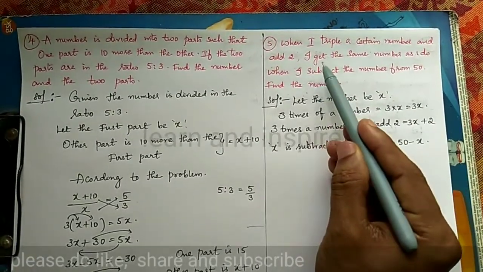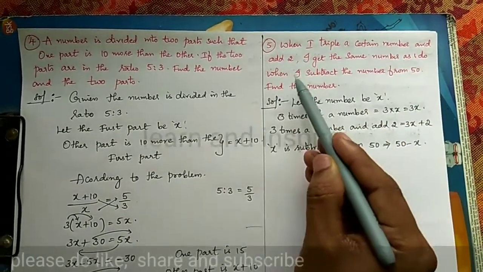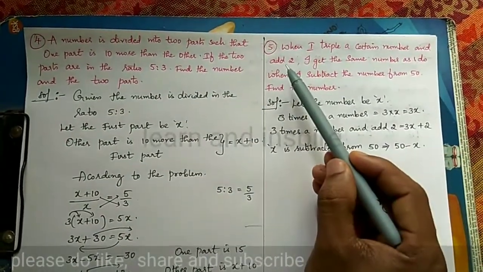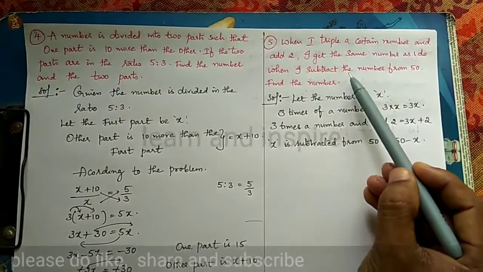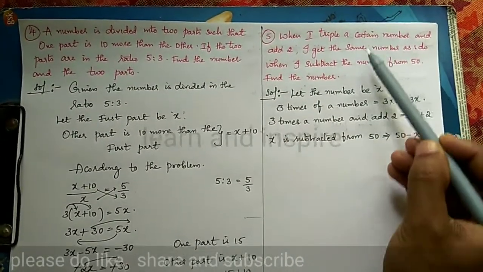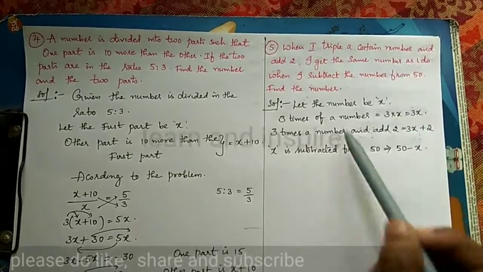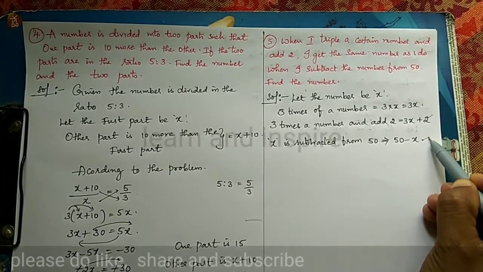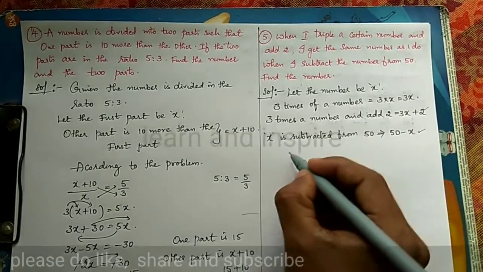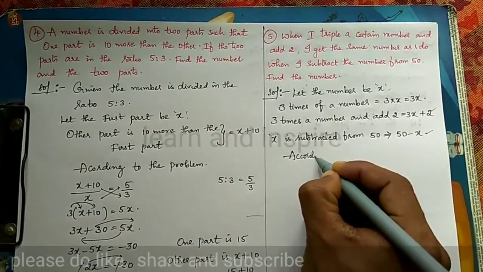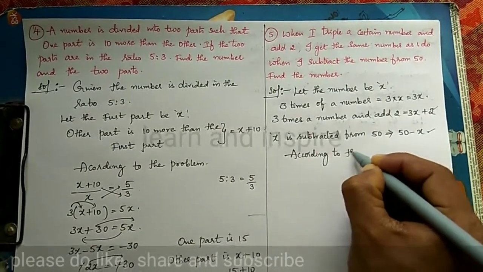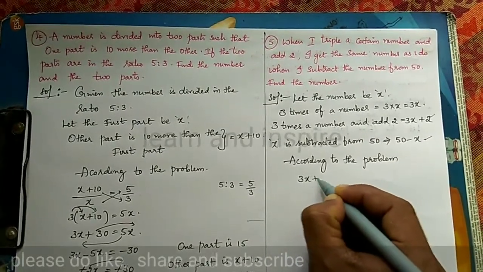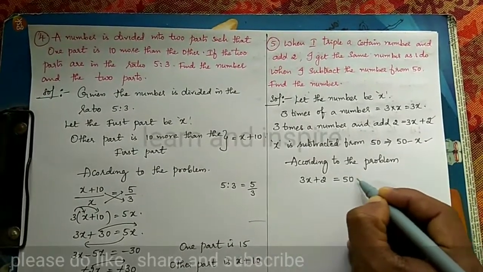Now I read this statement: I get the same answer as when I subtract. That means when I triple a certain number and add 2, we get the same answer as when I subtract the number from 50. These two statements are equal. That means 3x plus 2 and 50 minus x are equal. So I write according to the problem: 3x plus 2 is equal to 50 minus x.